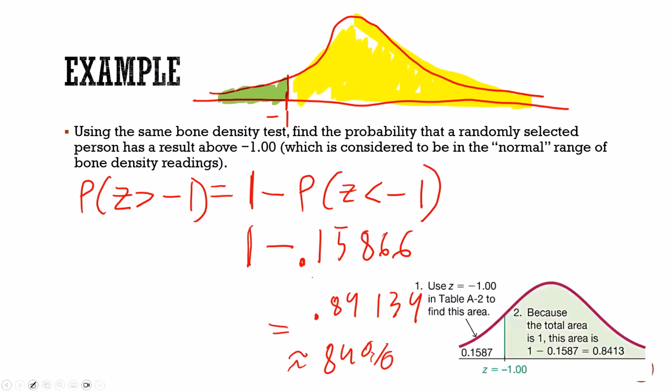So notice sometimes we have to be more sophisticated, right? Our table is only able to give us left area, so we actually found this white area, and since we knew that the whole area was 1, we were able to subtract to find it, right? So notice so far we've been looking at areas that are divided by a single vertical line, right?